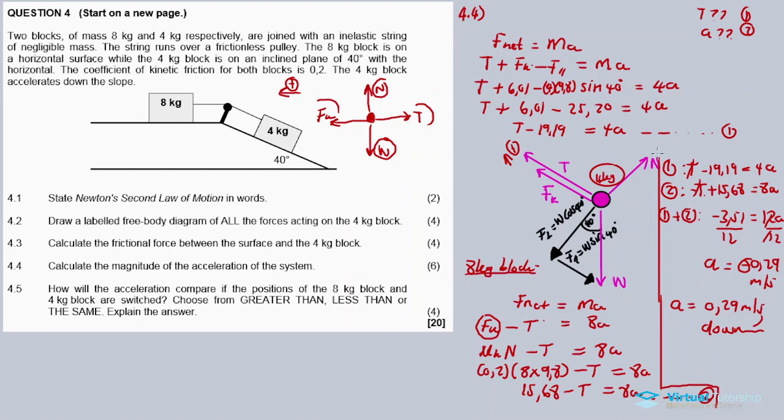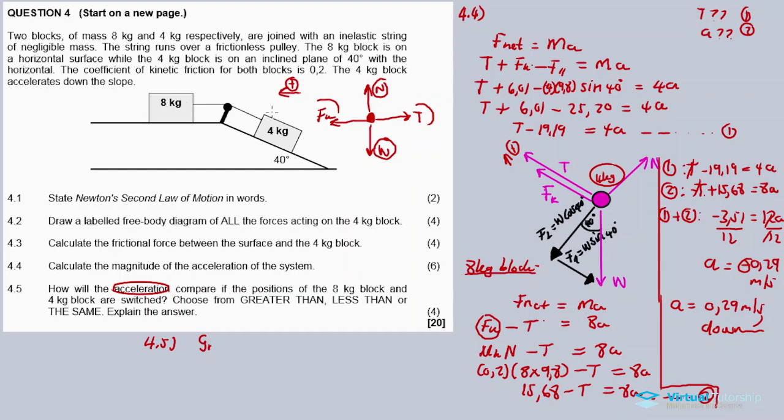Now 4.5: how will the acceleration compare if the positions of the 8 kilogram block and the 4 kilogram block are switched? Choose from greater than, less than, or the same, and explain your answer. For 4.5, I say it will be greater than. Remember, they are asking about the acceleration if we switch the 8 and put it here and the 4 there.